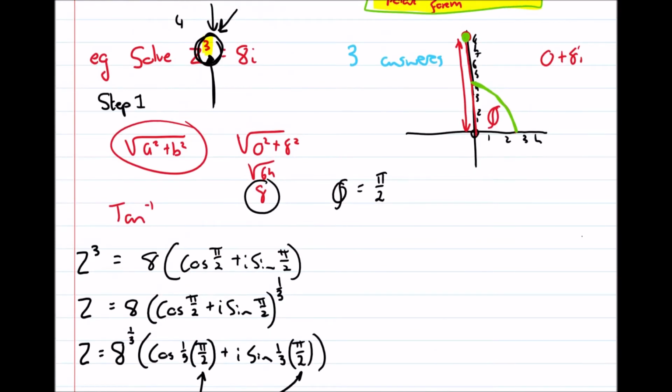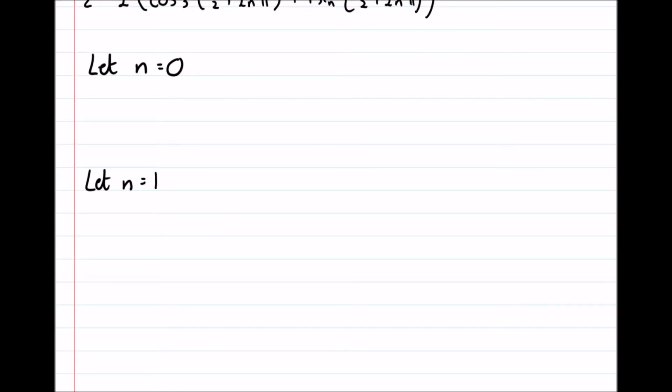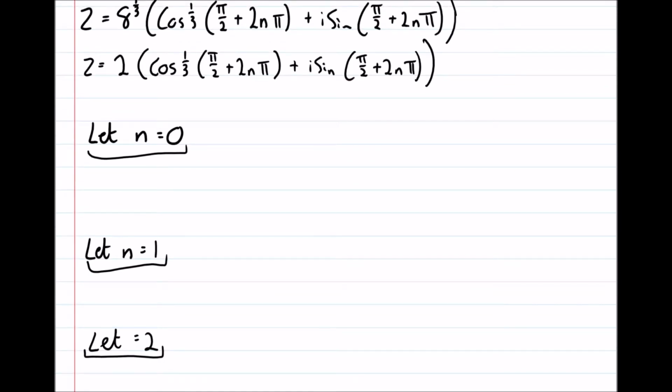In my case here, it's 3. So I'm going to let n equal 0, n equal 1, and n equal 2. And that will give me 3 answers: one answer here, one answer here, and one answer here. Okay, so let's go.